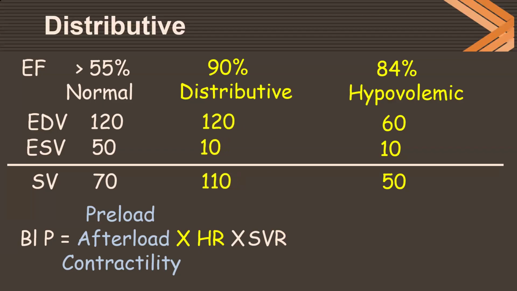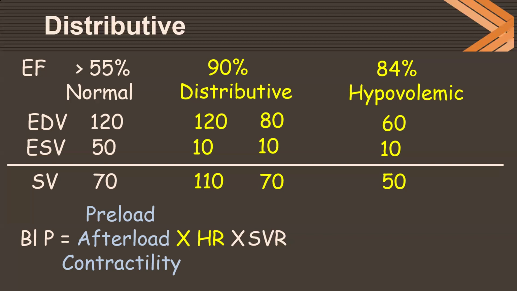After a while, distributive shock does not remain like this because of the dilation of capacitance vessels. This causes a sort of hypovolemia, because the blood will go to capacitance vessels and stay there, making a relative hypovolemia in these patients.